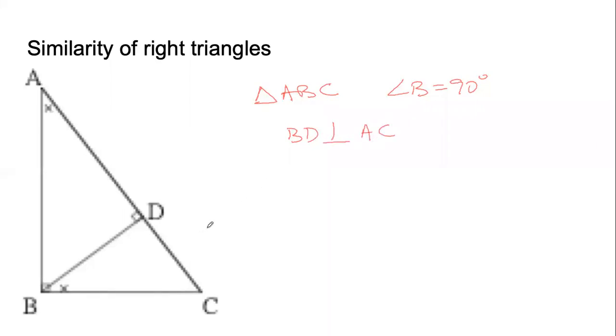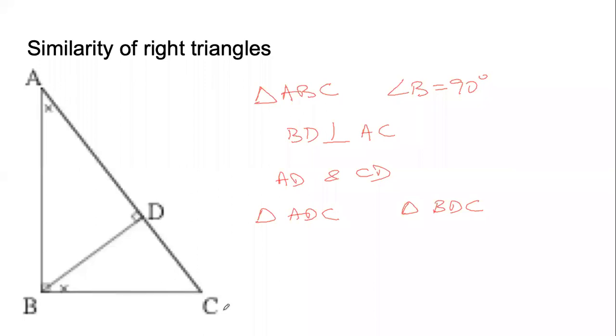The altitude divides the hypotenuse into two parts, AD and CD. And the triangle is divided into two parts: triangle ADB, and triangle BDC.